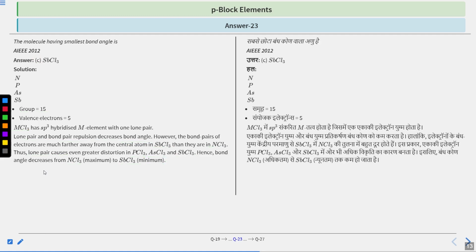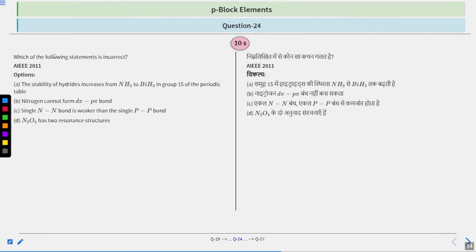Okay, let's move to the next question. Question number 24. Which of the following statements is incorrect? We have given some statements in the option. We have to tell which statement is incorrect. Options are: the stability of hydrides increases from NH3 to BiH3 in the group 15 of periodic table. So basically, nitrogen and bismuth both belong to the group 15, and they both form hydride in the form of MH3.